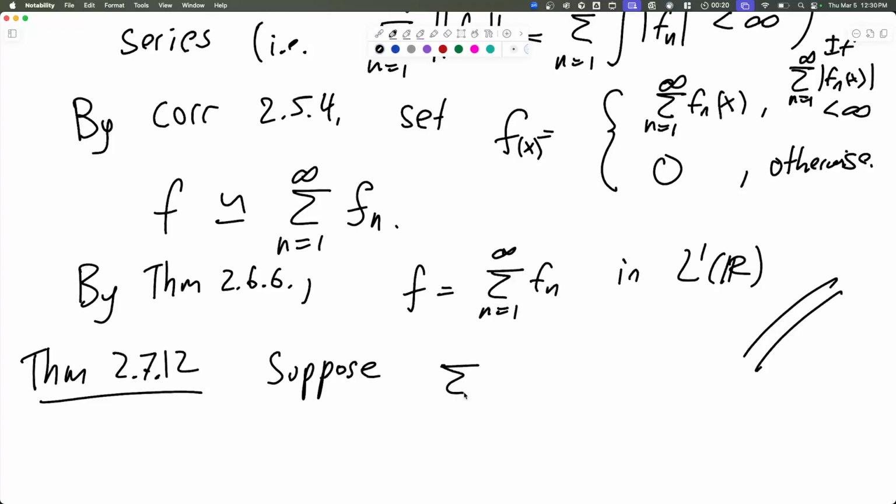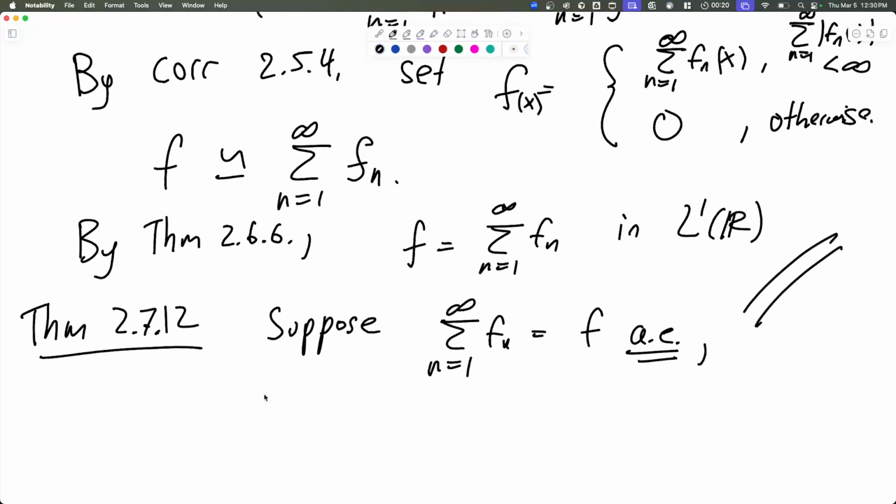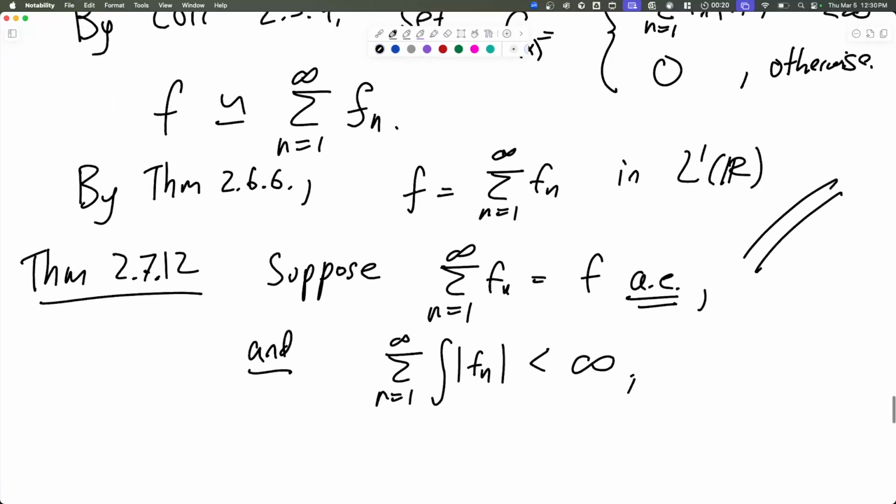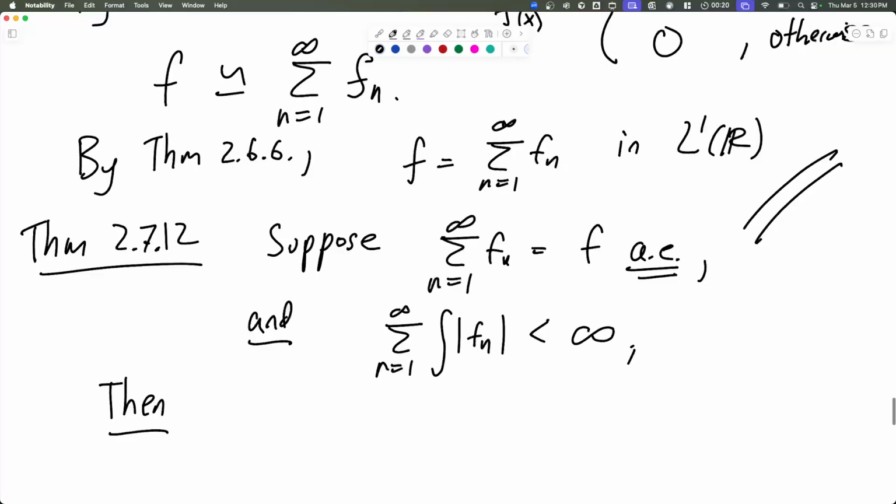Suppose the sum from n equals 1 to infinity of fn equals f almost everywhere, and the sum from n equals 1 to infinity of the integral of the absolute value of fn is finite. So you have almost everywhere convergence, and you have absolute summability. Then the sum of n equals 1 to infinity of fn equals f in L1 of R.